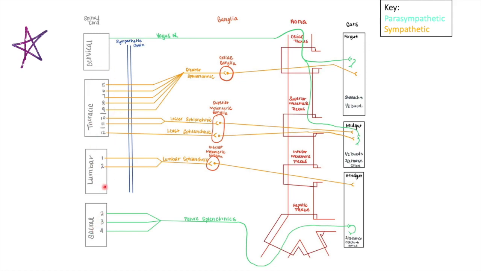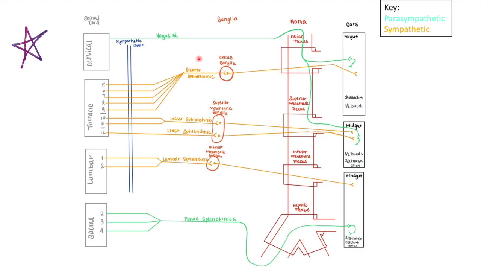And here's our sympathetics. Well, T5, T6, T7, T8, and T9 all come together to form the greater splanchnic nerve. Now this is a preganglionic nerve. Now, what I mean by this is here we've got this ganglia where it synapses onto another cell body, and then the nerve coming from that would be postganglionic.